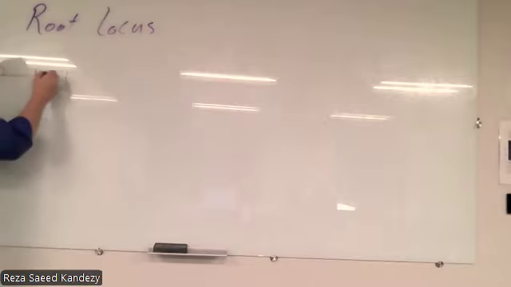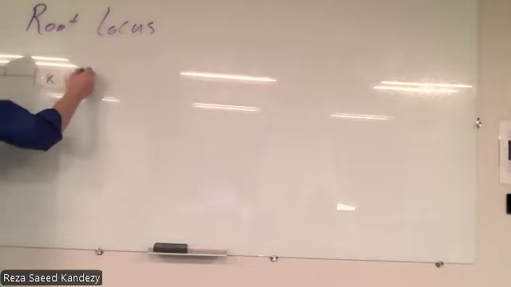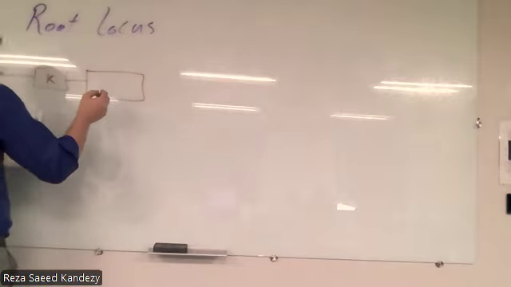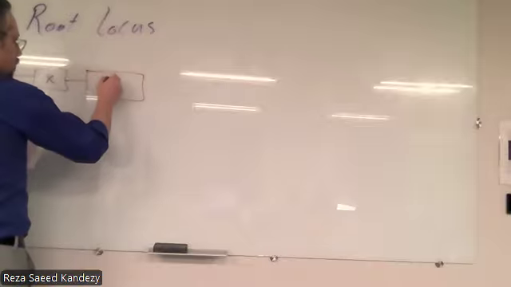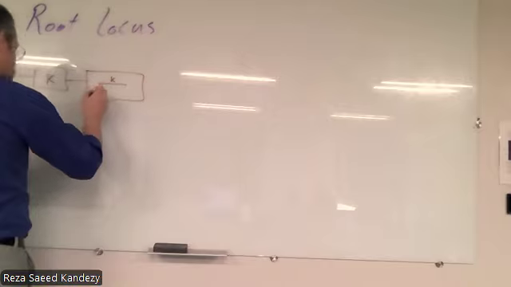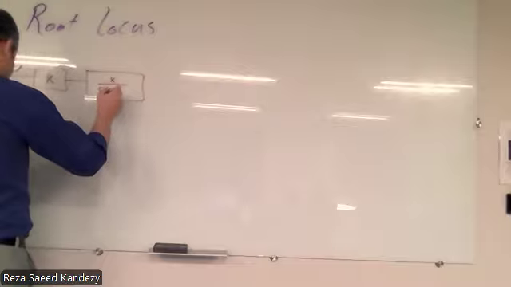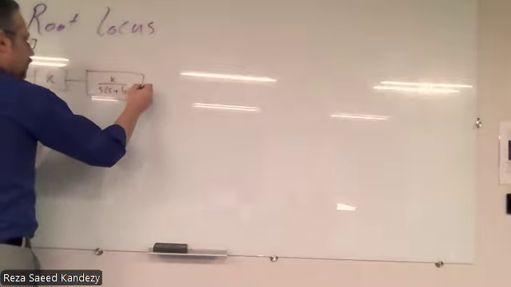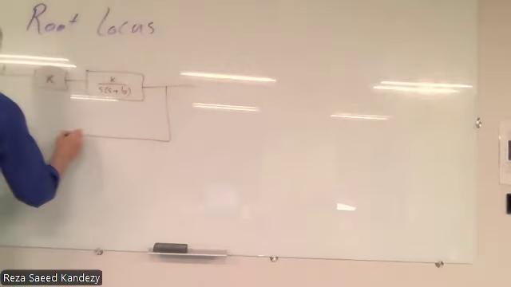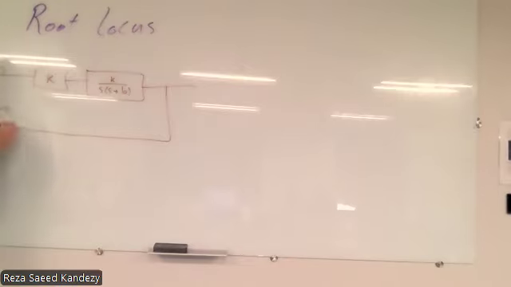I'm going to have a gain of k and another transfer function that says k over s times s plus 10, and I'm going to give it a unity feedback. Are we good?